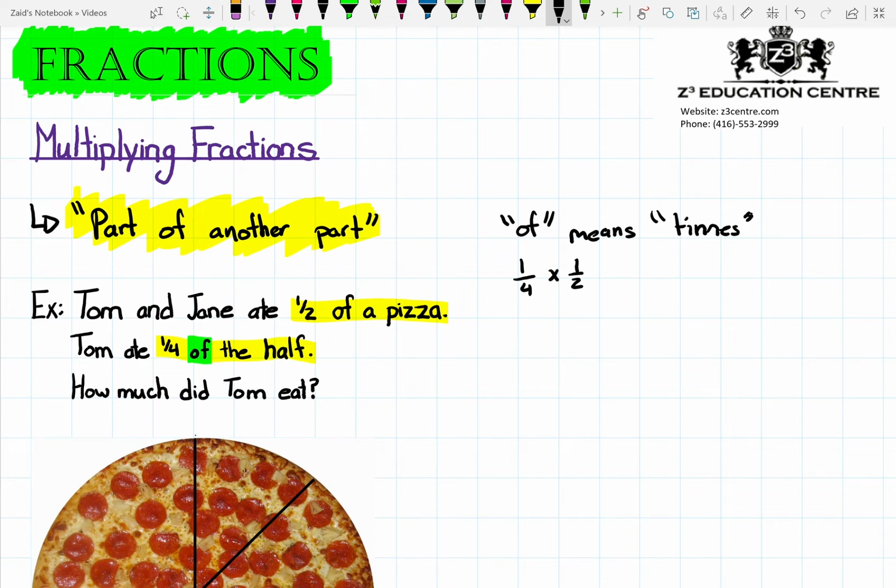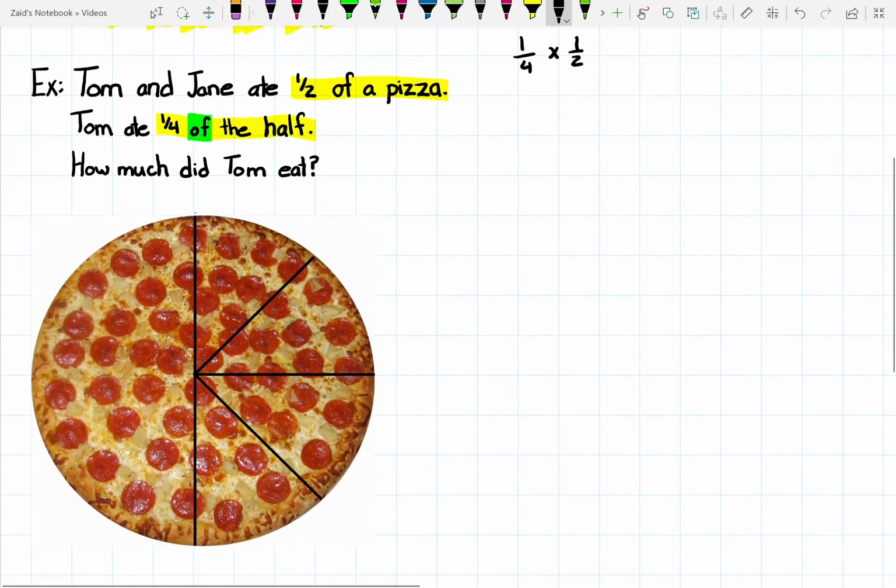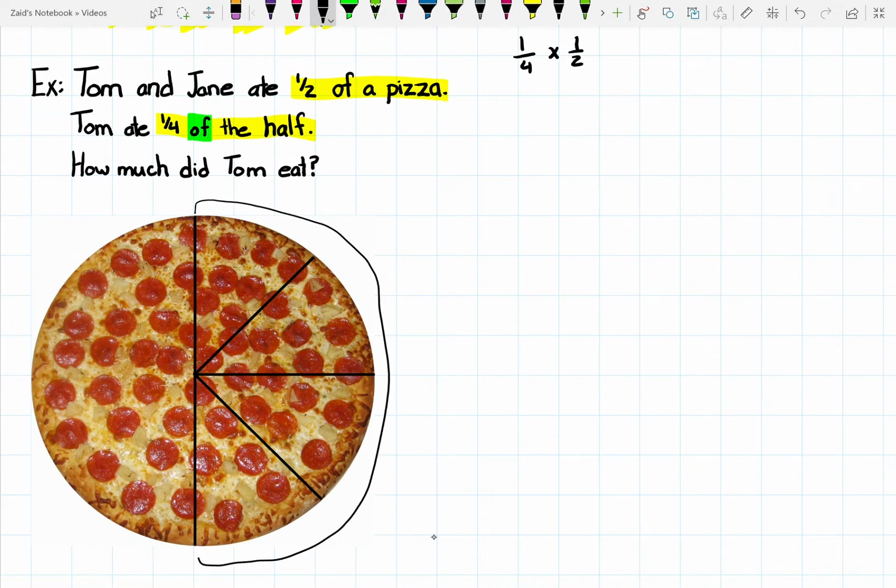Well, I have a diagram below just to help me. So at first, they said that Tom and Jane ate 1/2 of the pizza. So I will say that they ate this half, and this half they didn't eat. And then from that half, Tom only ate 1/4.